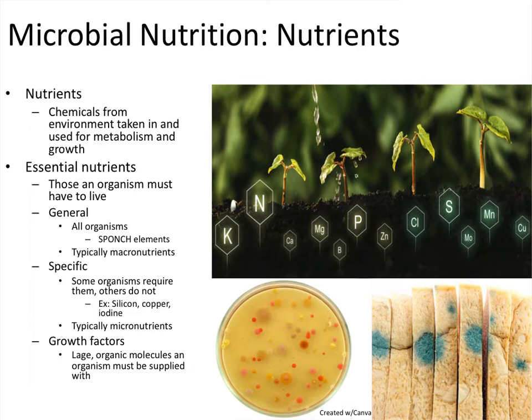So while all living organisms have certain things in common, all living organisms also have their own specific need for certain types of nutrients that they require from their environment. Oftentimes, although not always, the specific types of nutrients an organism requires are micronutrients. And this means that though an organism needs this nutrient to survive, it needs it in small quantities.